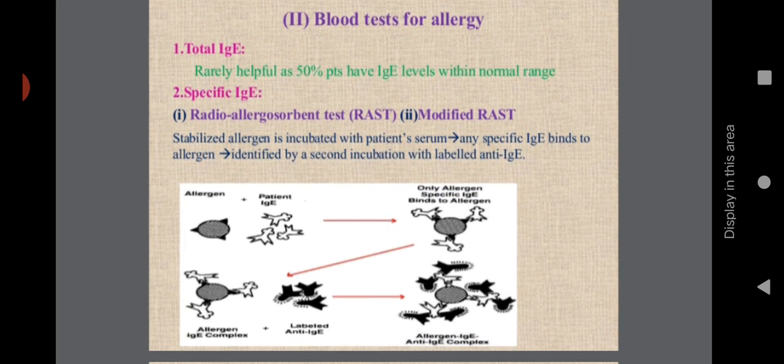The total Ig is rarely helpful, as 50% of patients have Ig levels within the normal range. Then specific Ig: the radioallergosorbent test, RAST, and the modified radioallergosorbent test. So these are the two blood tests we are doing to identify allergies.